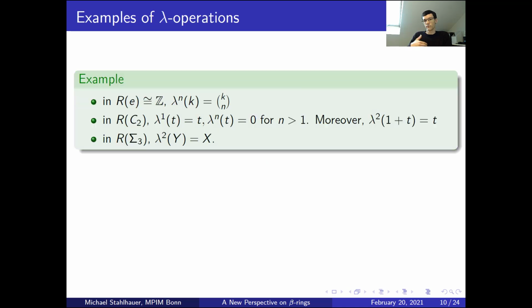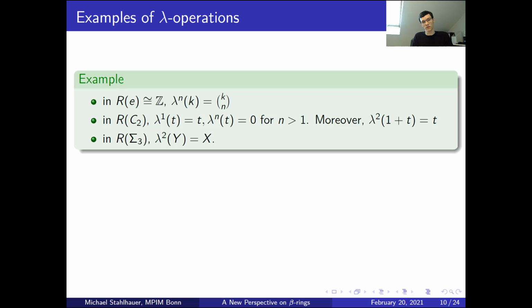Okay, and just to get a feeling for these lambda operations, here are some examples. If we have a k-dimensional vector space, then the nth alternating power has dimension k choose n. So on the integers, which are the representation ring of the trivial group, that's exactly what the lambda operations do. On the representation ring of the cyclic group here, the sign representation is one-dimensional, so here we can only have a lambda 1.